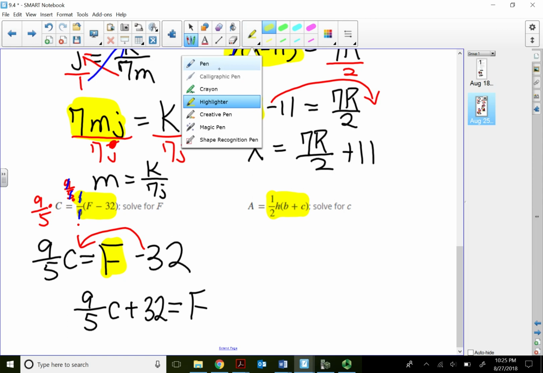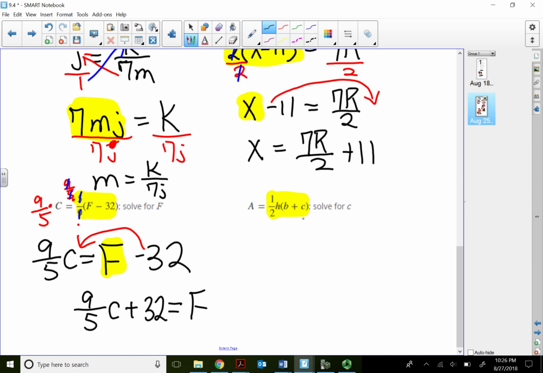Same technique, okay? Since my big old term on the right has a fraction coefficient in front, I'm going to multiply by the reciprocal, which is 2 over 1, or 2. Because the top 2 and bottom 2 cancel out, that just leaves me with h on the right times parenthesis b plus c equal to 2a. So from here, I can distribute my h.